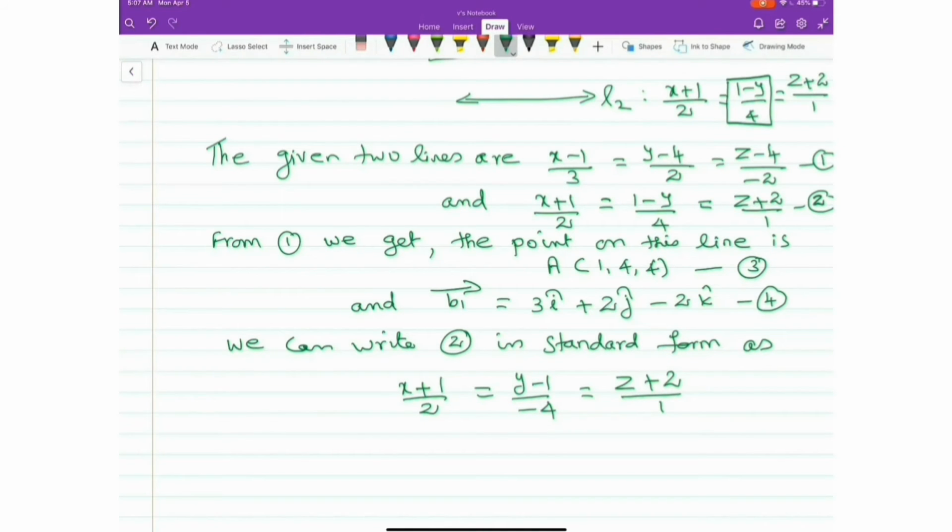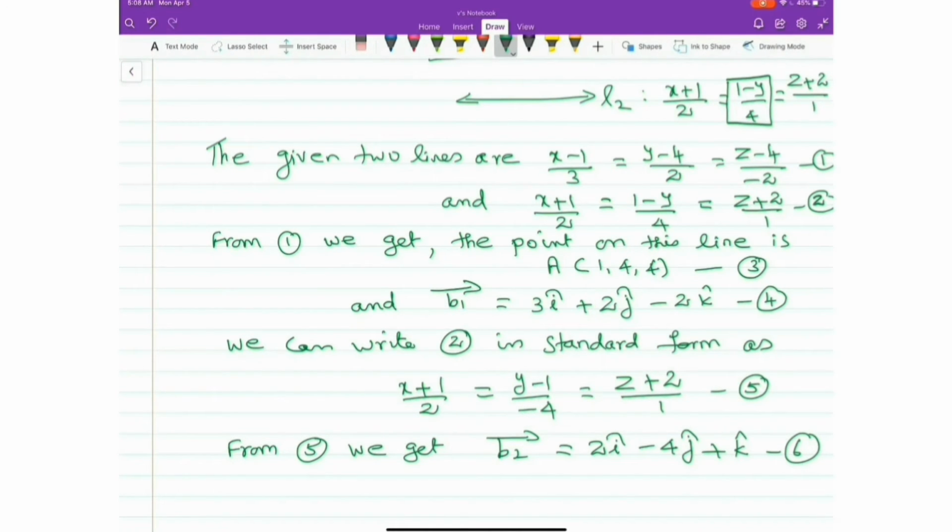Let me name this modified equation of the line 2 as 5. From 5 we get vector B2 is nothing but 2i cap minus 4j cap plus k cap. Let me name this as 6.